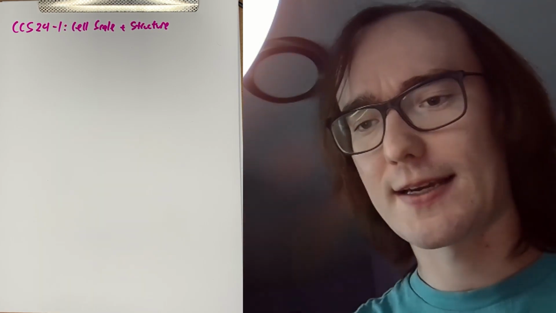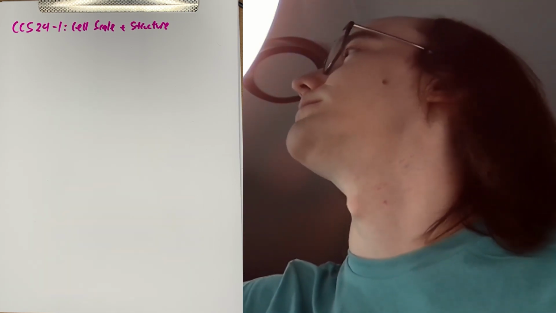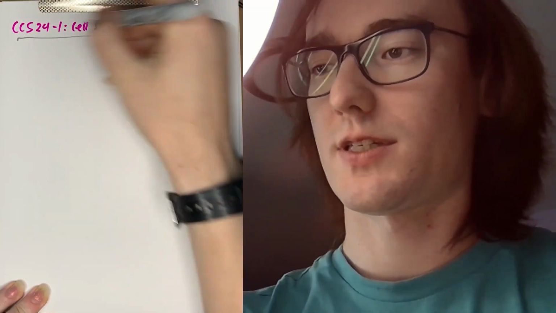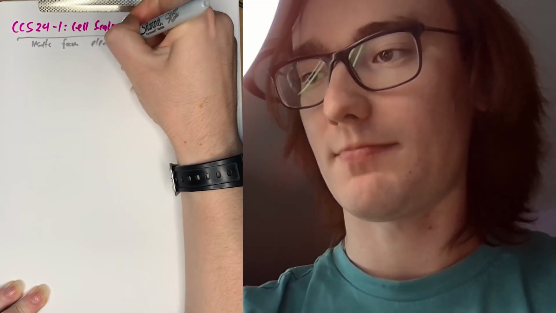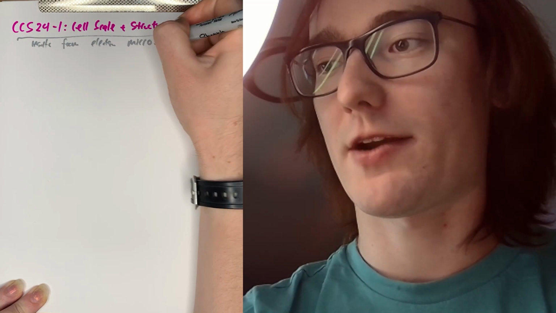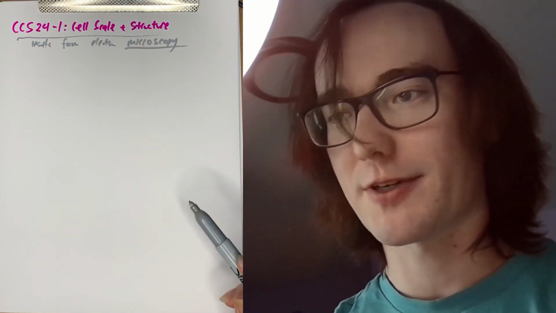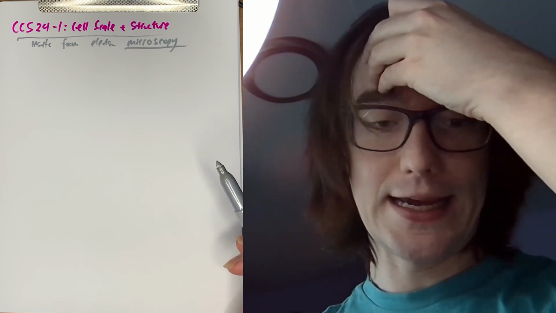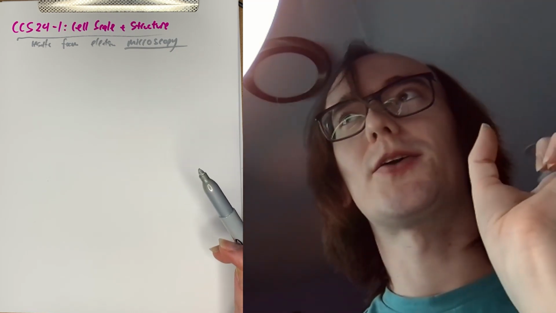So, cell, scale, and structure. The major place that we're getting these results is from electron microscopy. This technique of taking images of things is really cool. We can talk about it later, but the basic premise is that light has a particular limitation on its wavelength.